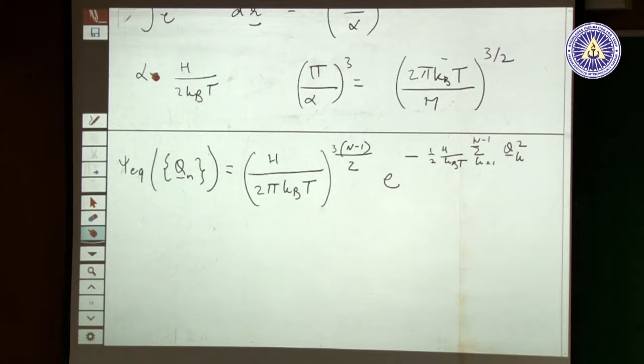Now, do you recognize that it looks a lot like the distribution function for the Gaussian chain that we had derived already? Okay. What was that?